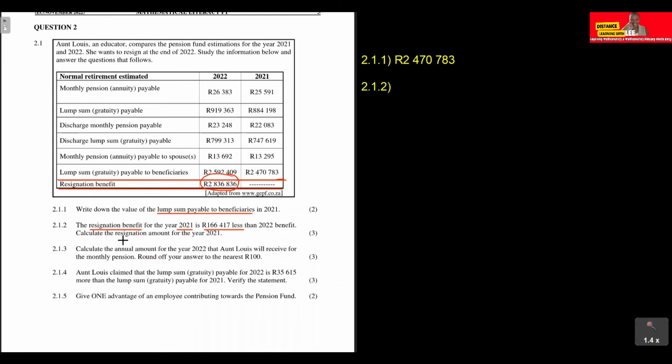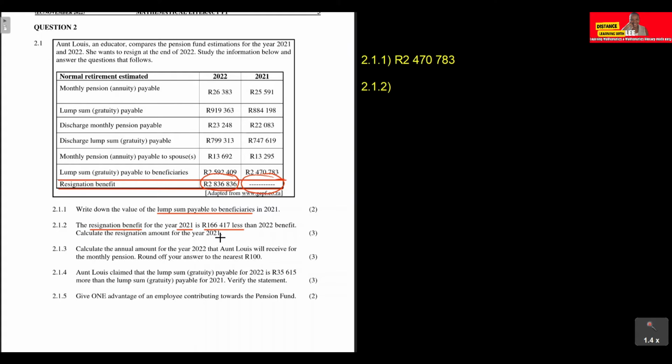The resignation benefits for the year 2021 is 166,417 less than the 2022 benefits. We need to calculate the resignation amount for the year 2021, right? The amount for 2021 is 166,417 less than this amount.